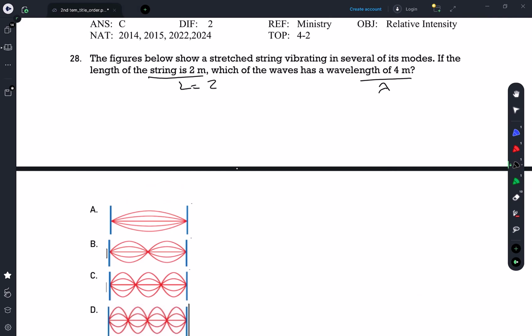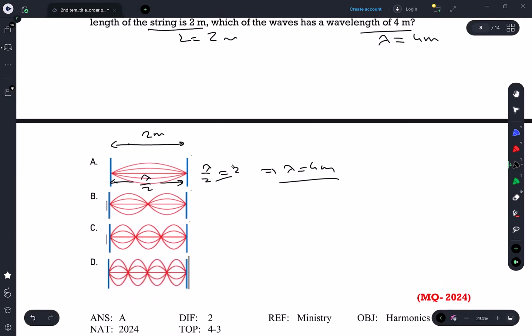So L is 2 meters and the wavelength should be 4 meters. Let's check A. This is the length of the string, which is 2 meters, and I know from node to node it is lambda over 2. In the first one, lambda over 2 is equal to 2 meters, so lambda is going to be 4 meters. A is the correct answer.